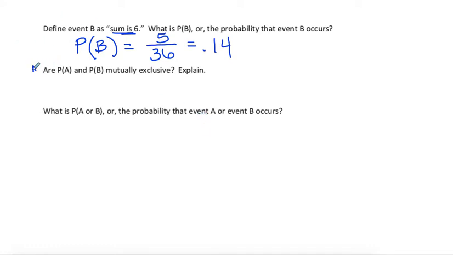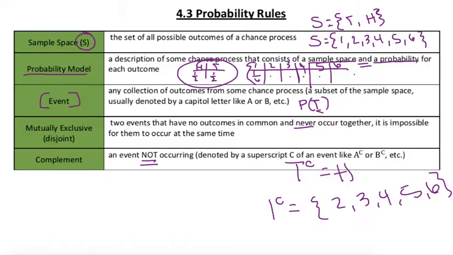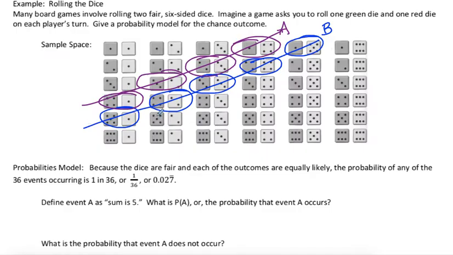Our next question follows up looking at both events A and B, and it asks us, are they mutually exclusive? So when I looked at event B, and we had event A, sum of 5 here. Here's event A. Are they mutually exclusive? Mutually exclusive are 2 events that have no outcomes in common and never occur together. When we look at our 2 outcomes, they don't have any outcomes in common.